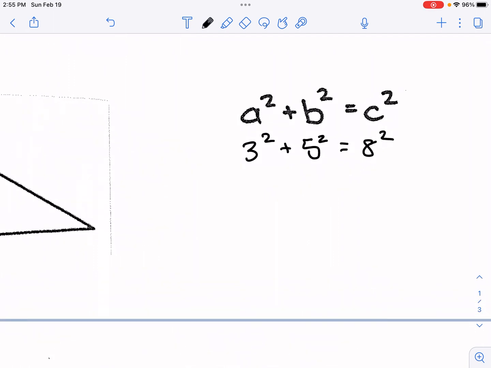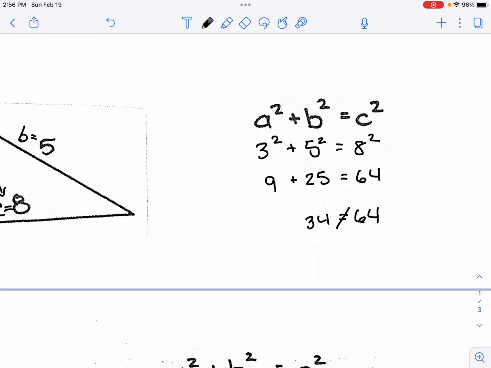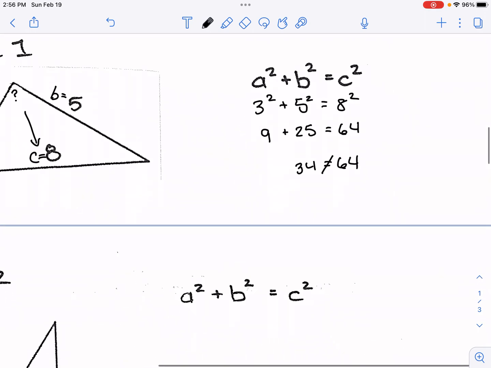If we simplify this, 3 squared is 9. 5 squared is 25. And 8 squared is 64. If you add the left side, that is 34. We have that equal to 64. Notice how that is not a true statement. We're going to put a slash there, so it's not equal to. So that means that this angle is not a right angle, meaning it is not a right triangle.